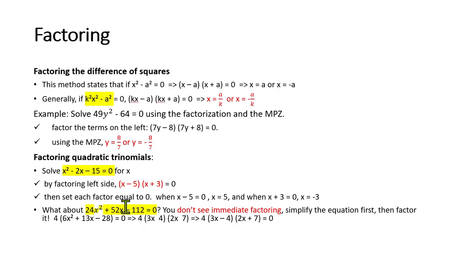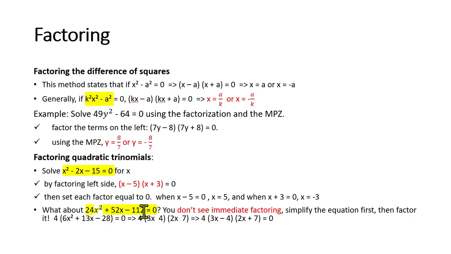So we have another question here, factoring a quadratic trinomial, x squared minus 2x minus 15. We can factor the trinomial on the left-hand side as (x minus 5)(x plus 3). So factoring is very important in solving quadratic equations, or cubic equations, cubic functions or polynomial functions.